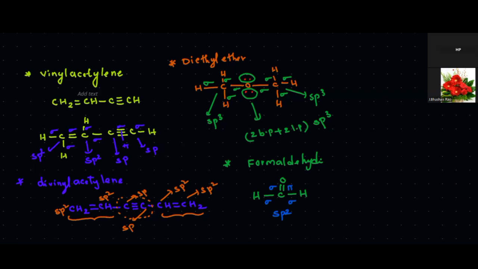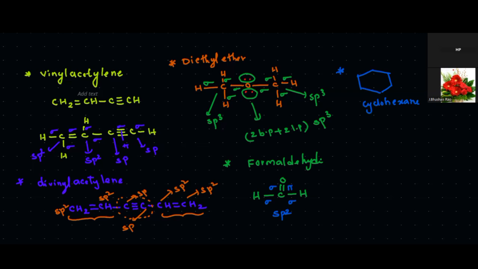Next, one more example. Sometimes they will ask about cyclic rings also, like this. The name of this one is cyclohexane. For cyclohexane, we can write the number of atoms attached to each carbon.